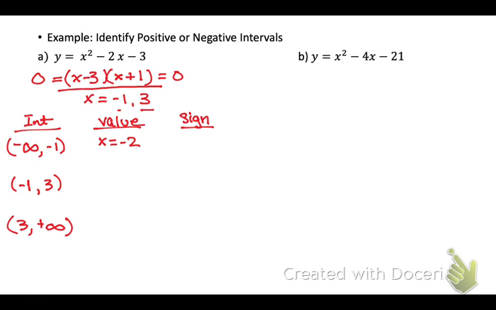When I plug -2 into x minus 3, do I get a positive or a negative answer? Negative. That would be -2 minus 3, a negative answer. Now I plug -2 into x plus 1. It's a negative answer. So I have a negative times a negative, which is a positive. So the graph is what here?